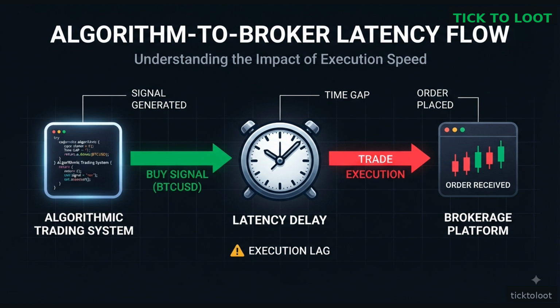The signal is delayed by a few seconds, and by the time the trade is executed, the price has already moved to 1.1005. This means you've missed the opportunity to buy at the desired price, and you've ended up with a worse trade. This is just one example of how latency can impact your trading performance. In the next scene, we'll explore a real-world example of latency in algo execution in action.